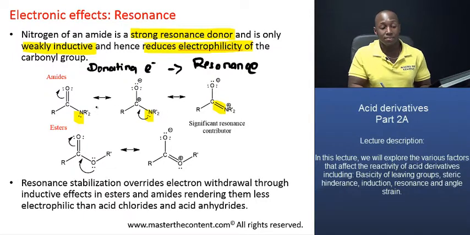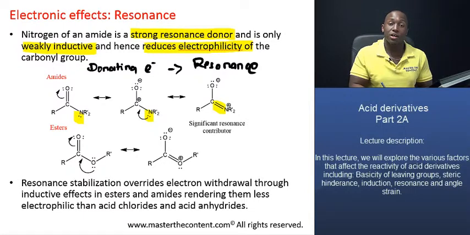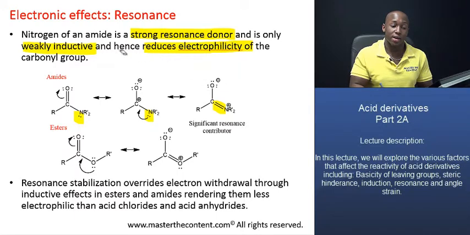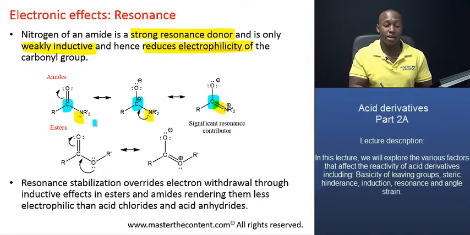Now, on the flip side, as far as induction is concerned, the nitrogen atom is not very electronegative, so it doesn't pull electron density away from the carbon that effectively. So the net effect in the case of amides is that you have a very powerful resonance effect, in that the nitrogen atom is donating electron density to our reaction center, our carbonyl carbon right there, but it's not pulling electrons away very efficiently through induction.